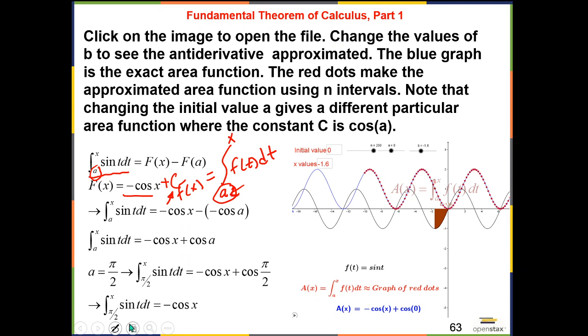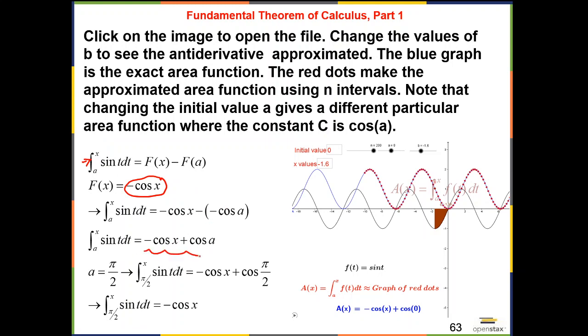Now, let's see what we get. According to the fundamental theorem of calculus, that would be F of x minus F of a, right? So this is a family of functions depending on a, and they're all negative cosine functions.